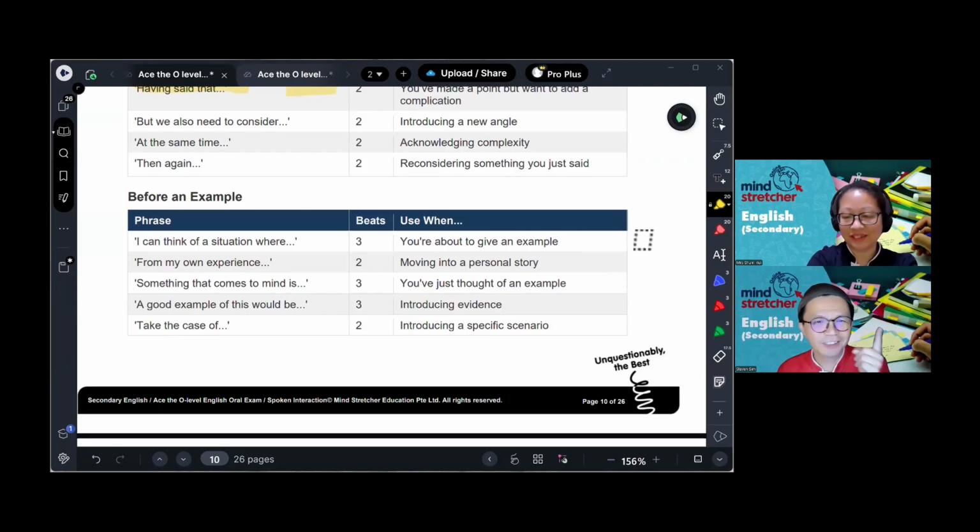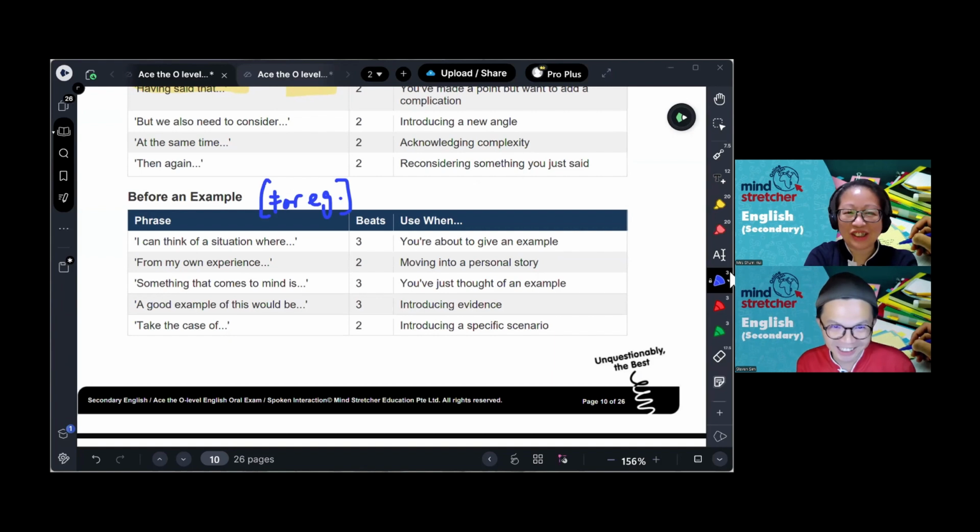I can think of a situation. So I have many students who go, for example, for example, and then you have wasted the opportunity. Because for example, you're very quick to fire off the example, but that's 1 second. What if you say, a good example of this would be a situation where... now I bought 3 seconds for myself to think about what that example might be and how it answers and how it is relevant to the question.